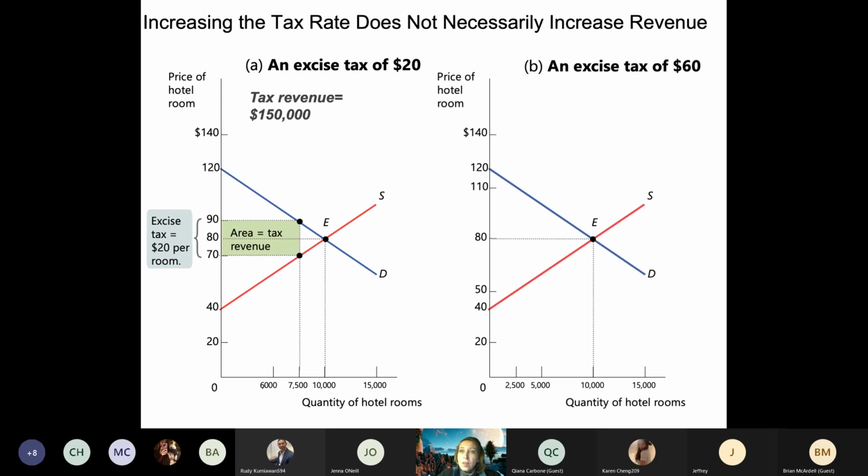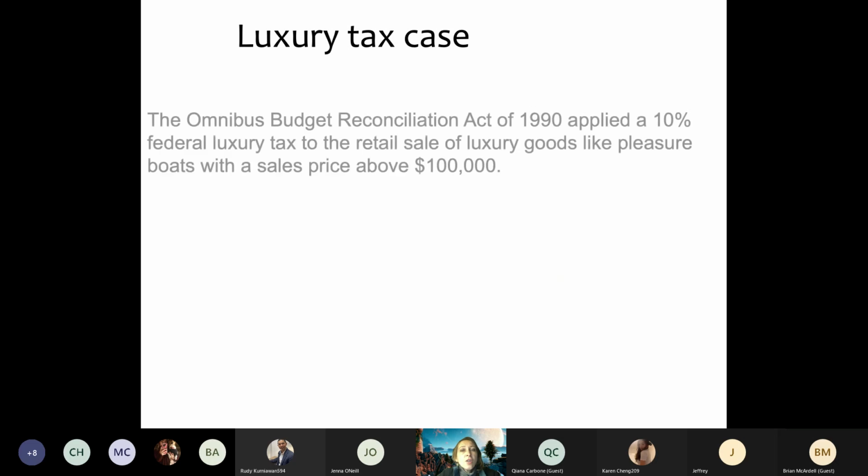In that same market, we could slap a $60 tax, and that will really reduce the number of hotel guests. It can actually reduce their revenue in some cases. If you keep increasing the tax, you can probably totally eliminate that market and greatly reduce the tax revenue. So it's not always smart to make the tax large.